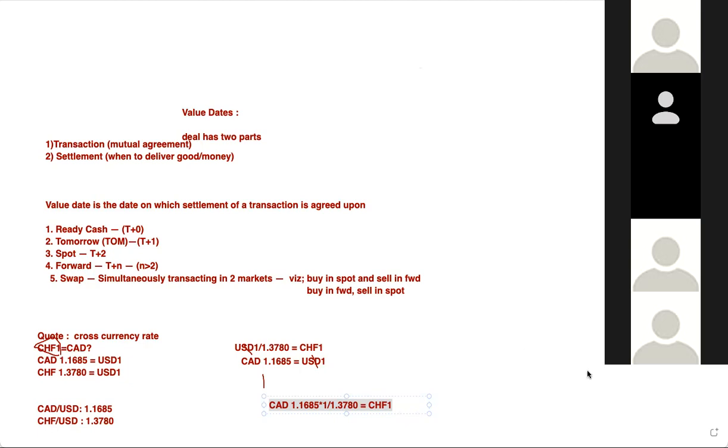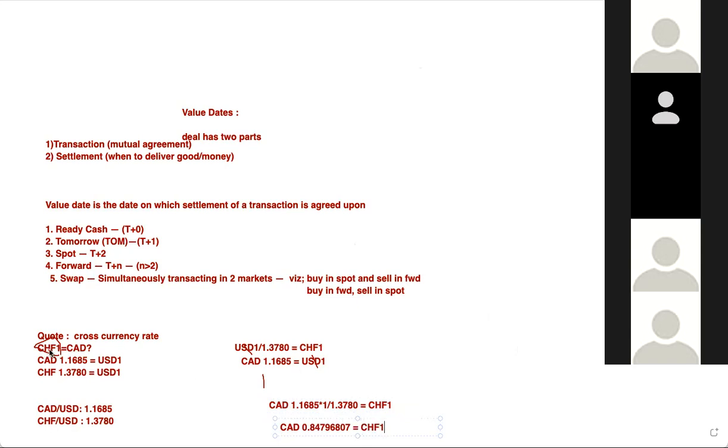So we will do 2-3 sums, and you will understand. Okay? This is what I wanted, equal to CHF 1.